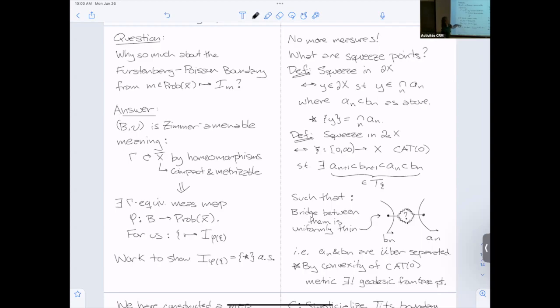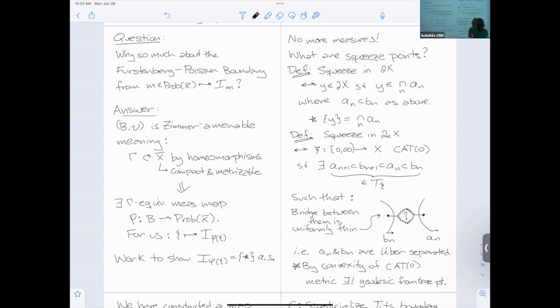Oops, I moved these things around, and this was supposed to be up there. So I can find a sequence of half spaces A_n contained in B_n, satisfying these inclusions. And the property is that A_n and B_n are nicely controlled. It means that the bridge between them is quote unquote uniformly thin.